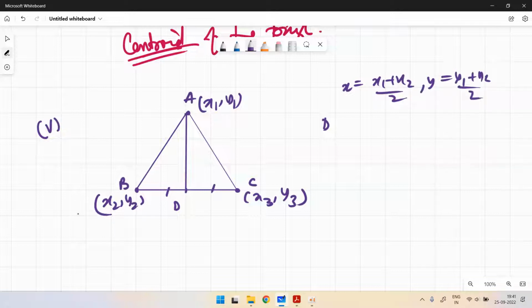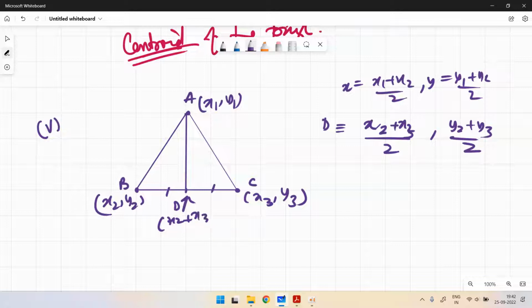Applying the same formula, the coordinate of D for the other side will be x2 plus x3 by 2 comma y2 plus y3 by 2.